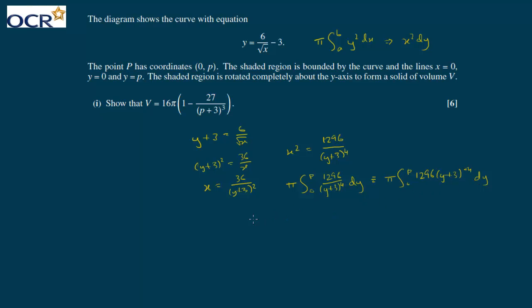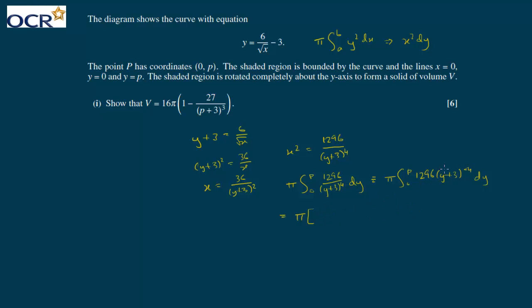Now we need to integrate that. So we know that when we're integrating, we add a power to here. So if you add 1 to this, you get a minus 3. And if you remember, when you're differentiating, you're taking it down, so you're multiplying by the minus 3 here. So to integrate again, we've got to divide by that minus 3. So if I write this integrating bit is equal to, I'll write pi, I'll use these square brackets, and then inside here will be the integrated part, and they have the limits, but you'll see that.